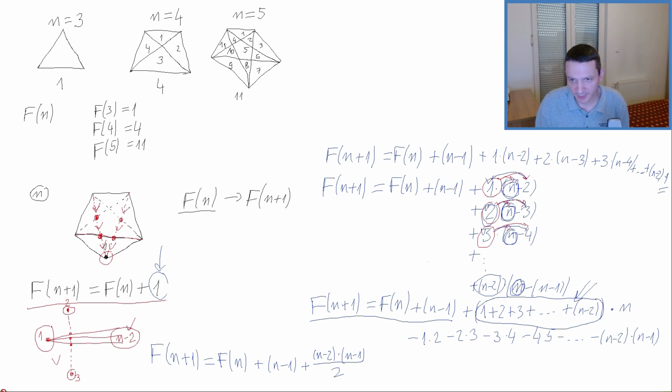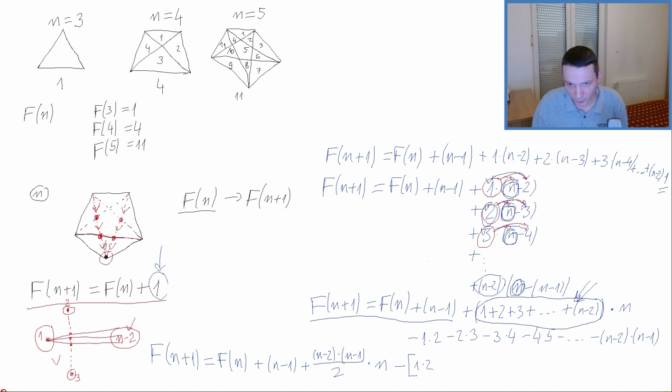So this is this sum here times n, and also this minus, I will now put in brackets the rest of the terms.